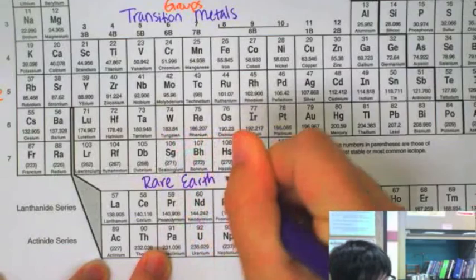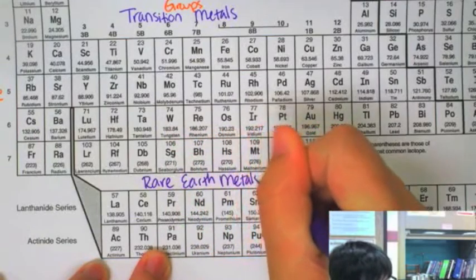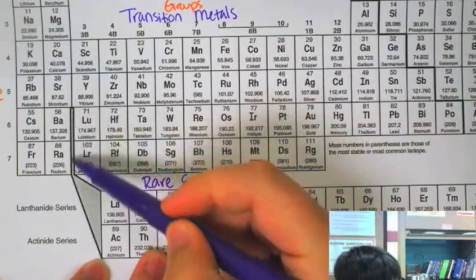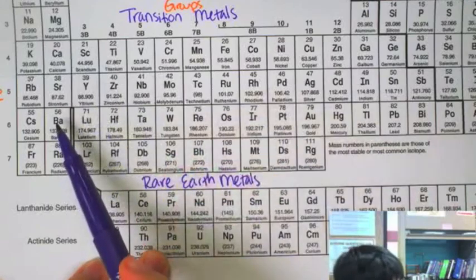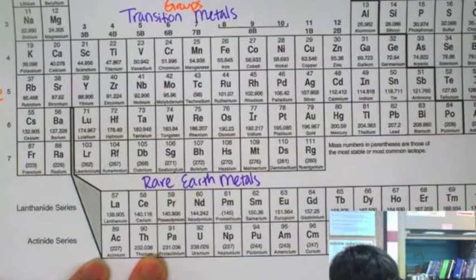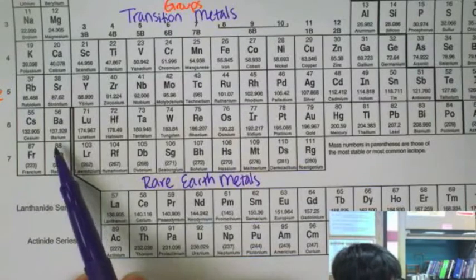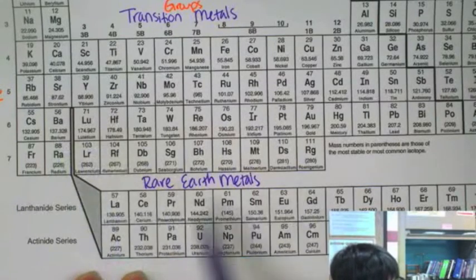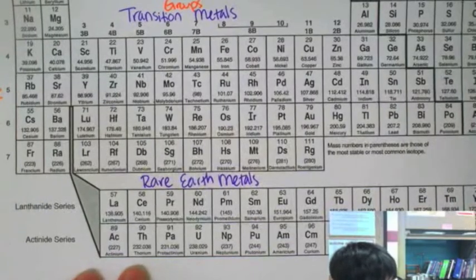Well, it looks like they go inside. They do. They actually fit right here, because you see there's this jump from 56 to 71, right? So 57 through 70 are all down here. And then 89 through 102 are down here, because they fit right here between 88 and 103. These, they're kind of crazy. We're not going to talk about them very much, but that's exactly where they would fit. They're also metals, and they would go in this area.